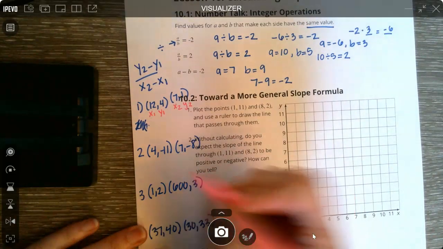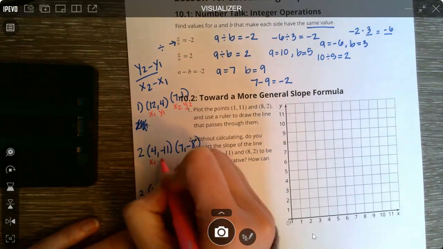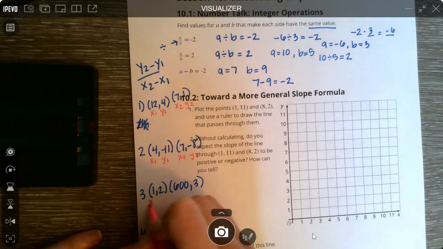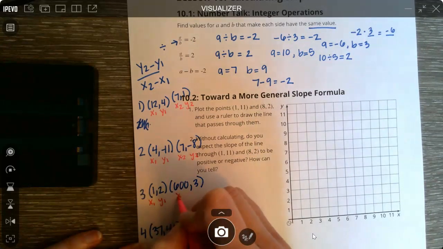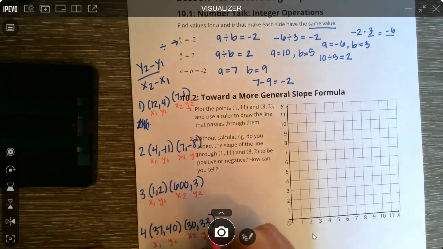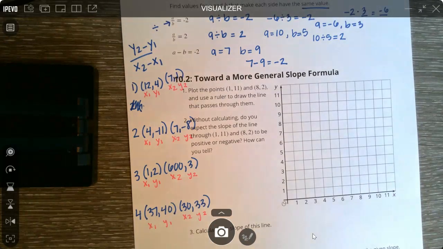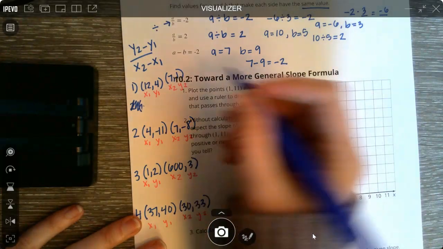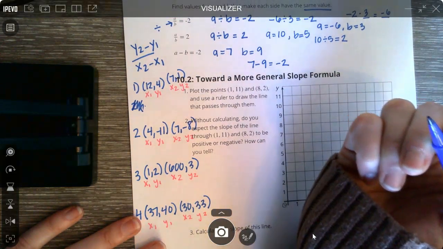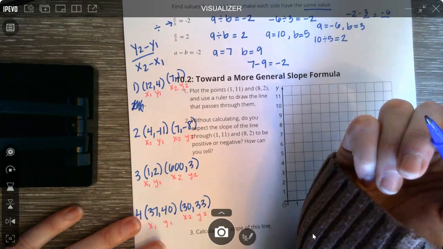Do that for all your points now, okay? x1, y1, x2, y2. All 4 of them. Okay? Alright, now you're simply just going to plug them in and find the slope. Okay? So for this one, well actually I'm just going to let you pause the video and you try. Then you'll check your answers, okay? Give it a go.